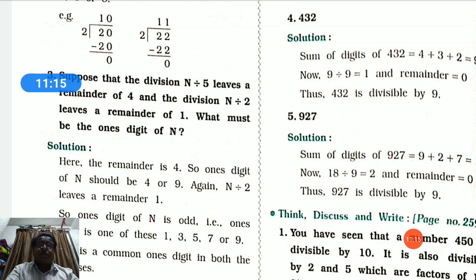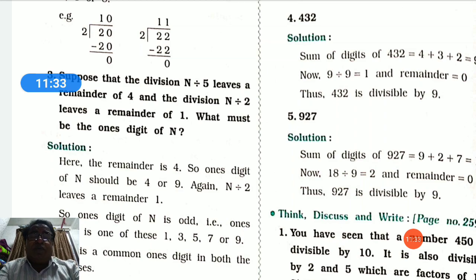Here, the remainder is 4, so the ones digit of n should be 4 or 9. Again, n divided by 2 leaves a remainder 1.